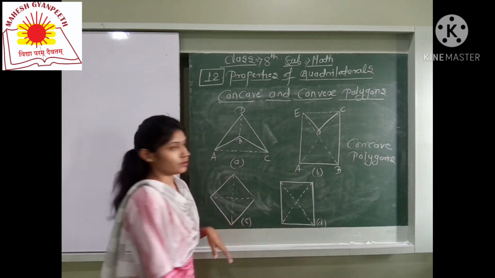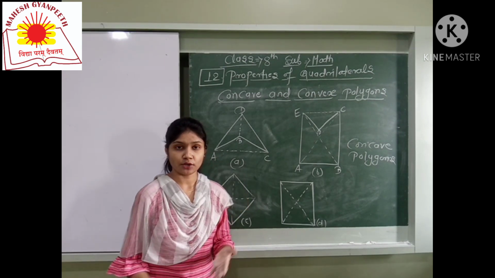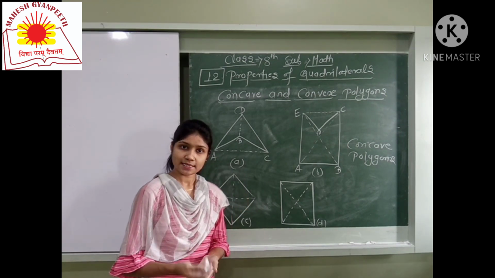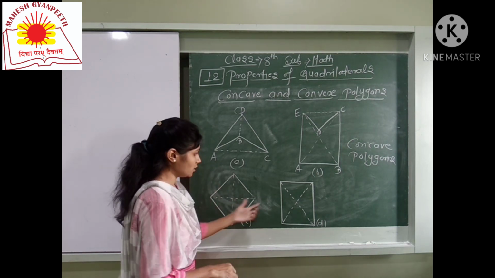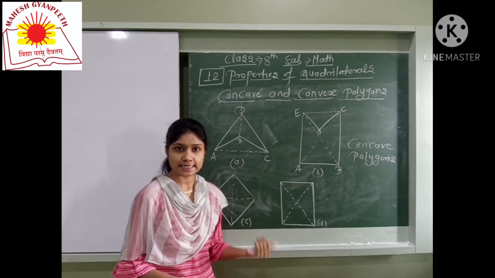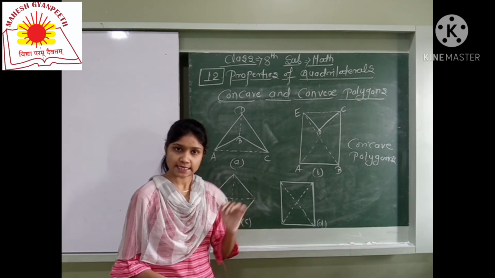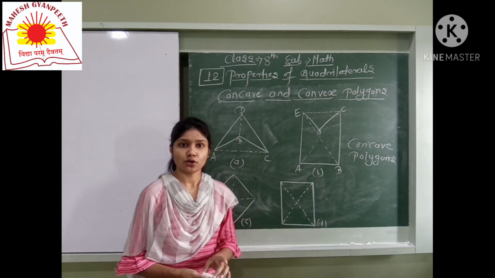Concave polygon. Okay, student. And what is meant by convex? Convex means the diagonals lie interior in the polygon. It is called a what? Convex polygon. Means जिस figure में diagonals totally inside हैं, we say that this figure is called a convex polygon.